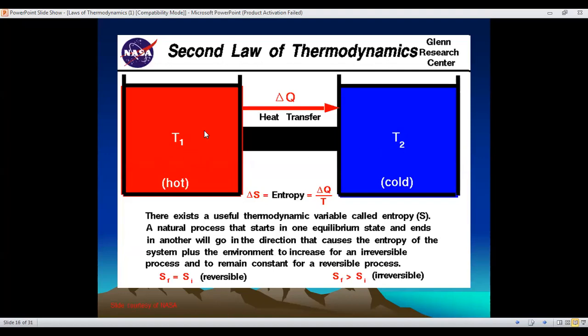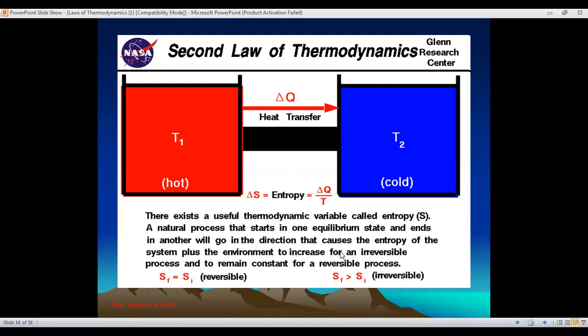Like see, T1 is hot and T2 is cold. Then what happens? Heat always flows from T1 to T2 until T1 equals T2.